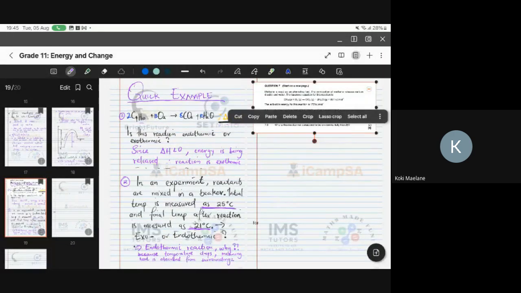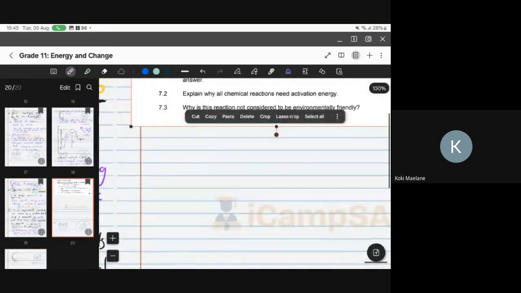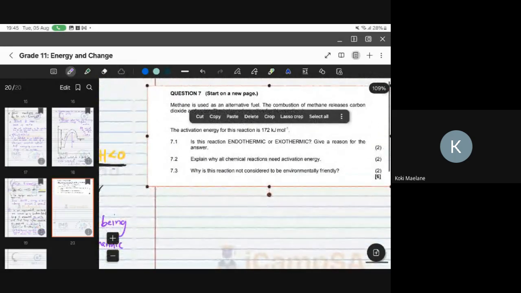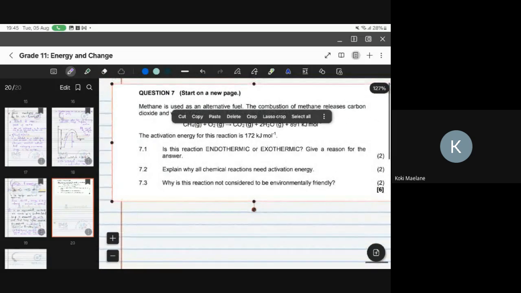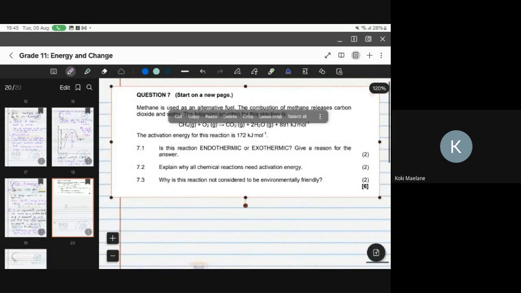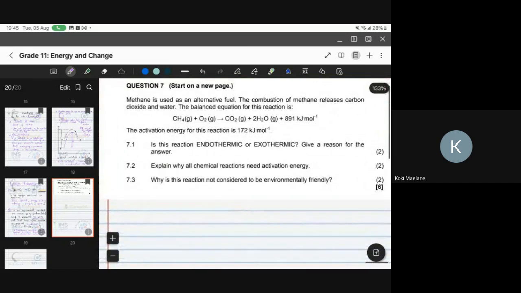All right, let's say you have this example right here. Okay, I hope you can see.